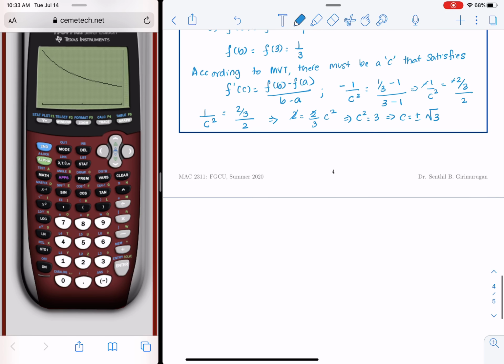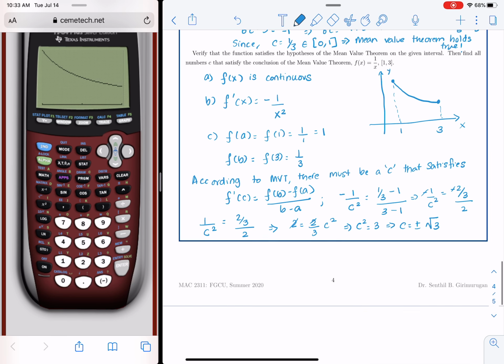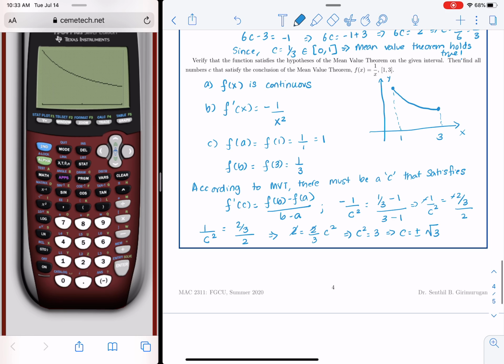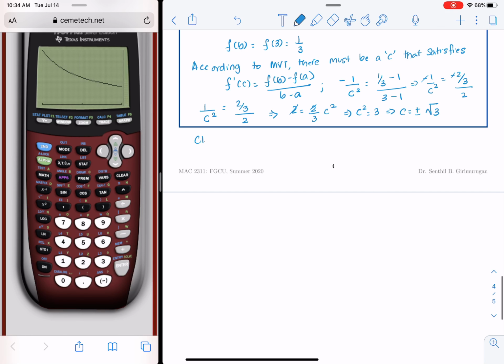We can ignore negative square root of 3 because it is outside the domain that we have, which is between 1 and 3. So clearly, c equals square root of 3 lies on the interval 1, 3. So this would imply that MVT, or mean value theorem, holds true.